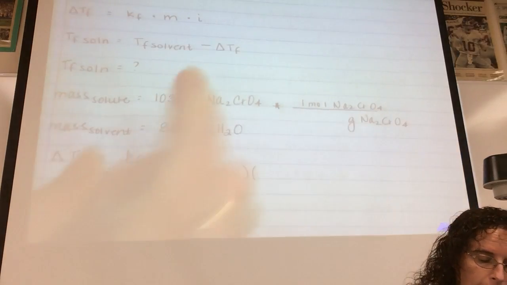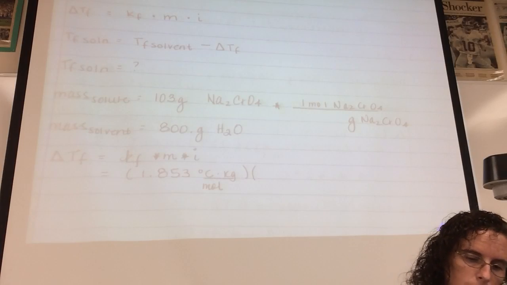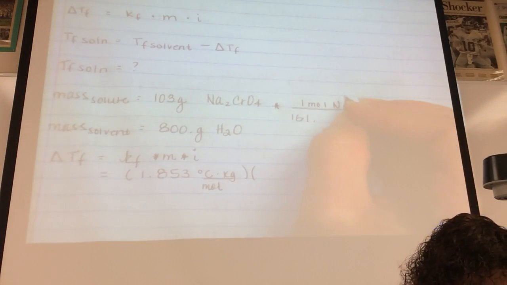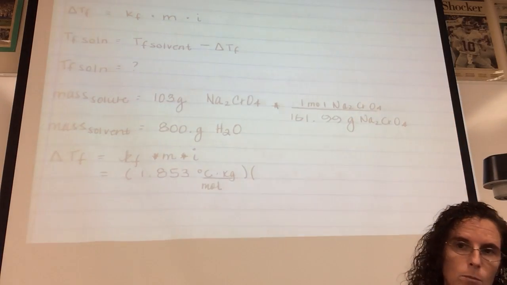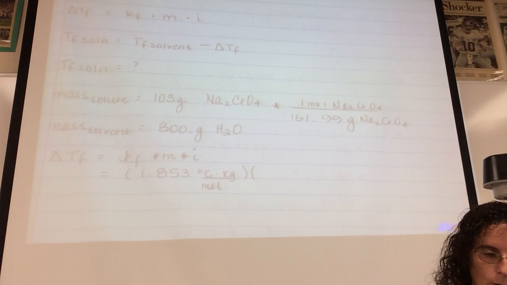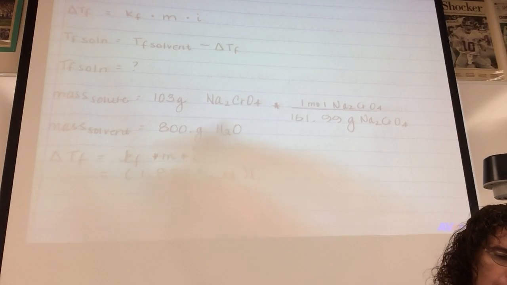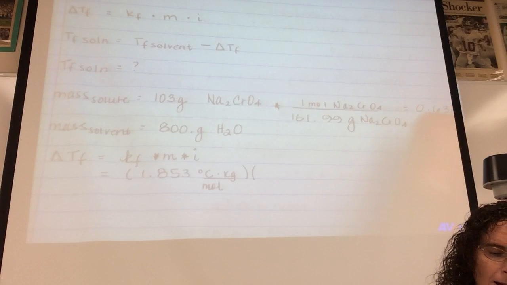And I don't know why, but some kids had this upside down on the quiz. Not necessarily in your class. So we'll get moles of that. We have 103 divided by 161.99, and that's 0.636 moles of solute. Is that my molality?